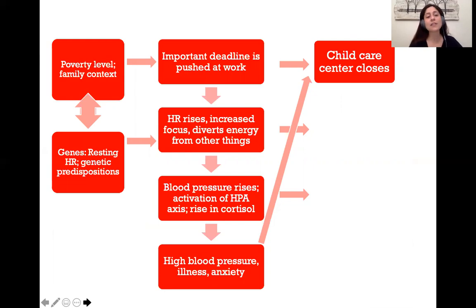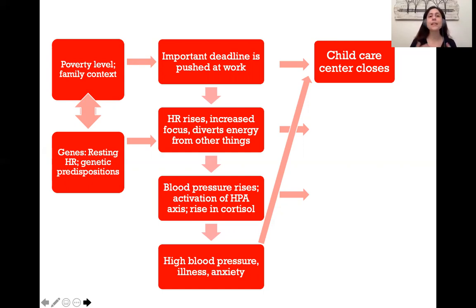In this case, we may have a client who is living in poverty and who maybe has a family context that isn't very supportive, or they're having to support a lot of people. Maybe several children, a single parent, something like that. This interacts with the person's genes, so things like their resting heart rate, their genetic predisposition to physical issues or mental health issues. Both of those things, initial conditions and genes, are interacting.